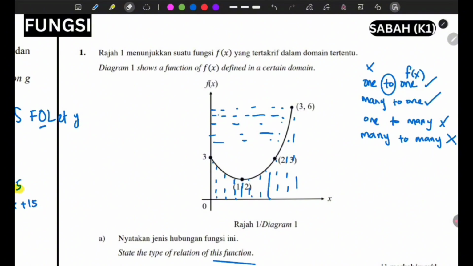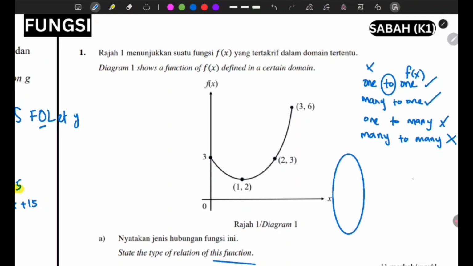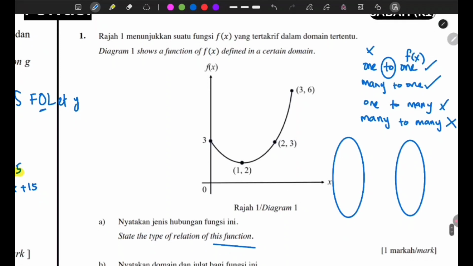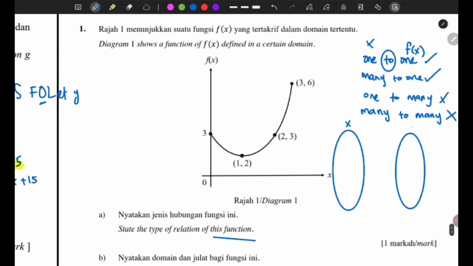For this type of case, I prefer to draw an arrow diagram. It's easy to see. They give us coordinates, right? Use the coordinates. I draw an arrow diagram and you're able to see that. So you know here is x, here is fx. By the way, this coordinate is 0 and 3.